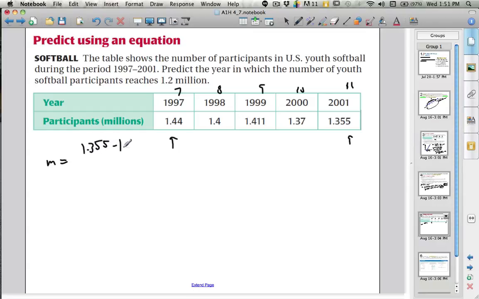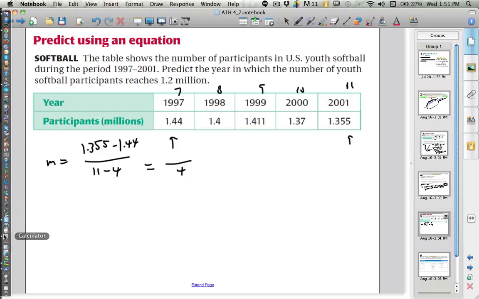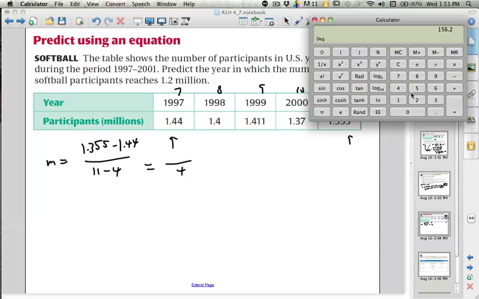It's 1.355 minus 1.44 over 11 minus 7. So it's going to be over 4. And it's going to be a negative number. Let me go ahead and use a calculator for that. So I'm going to do 1.355 minus 1.44.